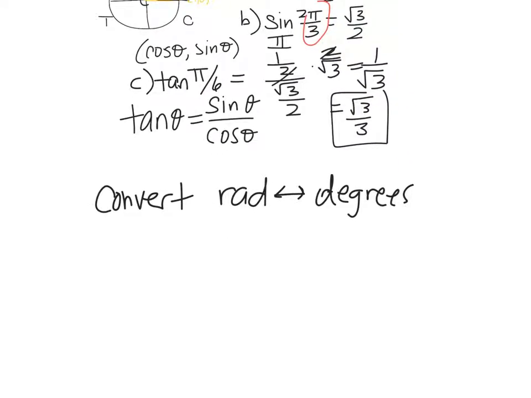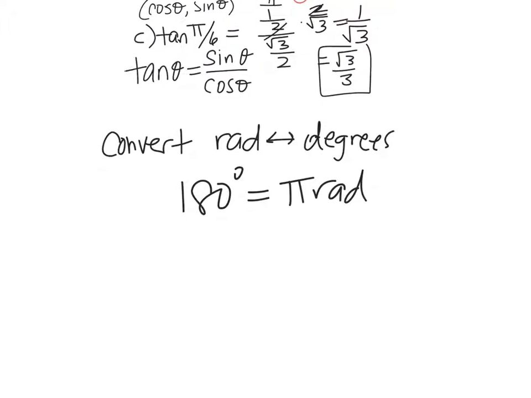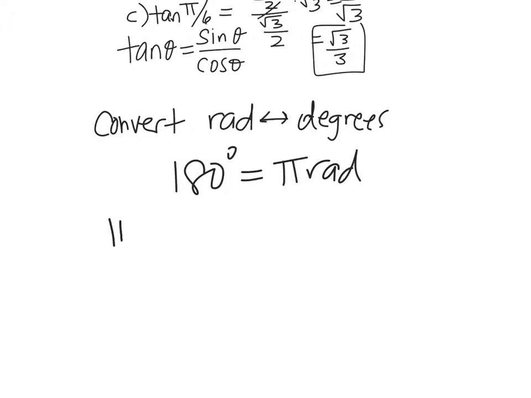So all you have to know is your conversion. Do you know conversion factors? Like 12 inches is a foot, 5,280 feet in a mile. So radians to degrees, 180 degrees is equal to pi radians. So if we're going to convert, you want to use a conversion factor. So for example, number 2.